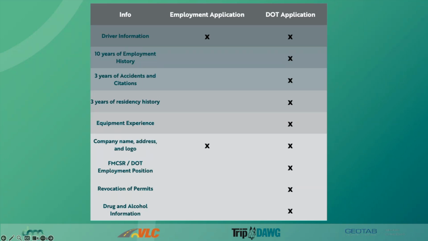So there's a little bit of a disconnect. So we're kind of stuck living in these two different worlds, trying to make both of these entities happy. We could spend a whole webinar on just the application, but from this chart, we can see that there's a lot of things that a DOT application requires that a normal employment application doesn't.